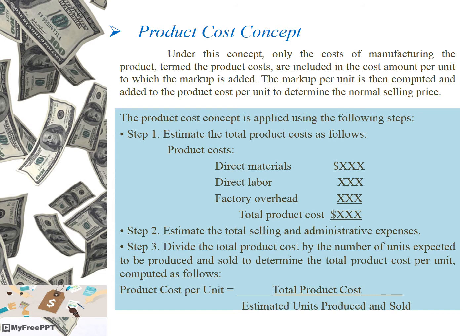Estimate the total selling and administrative expenses. Step 3. Divide the total product costs by the number of units expected to be produced and sold to determine the total product cost per unit. Or, product cost per unit equals total product cost divided by estimated units produced and sold.